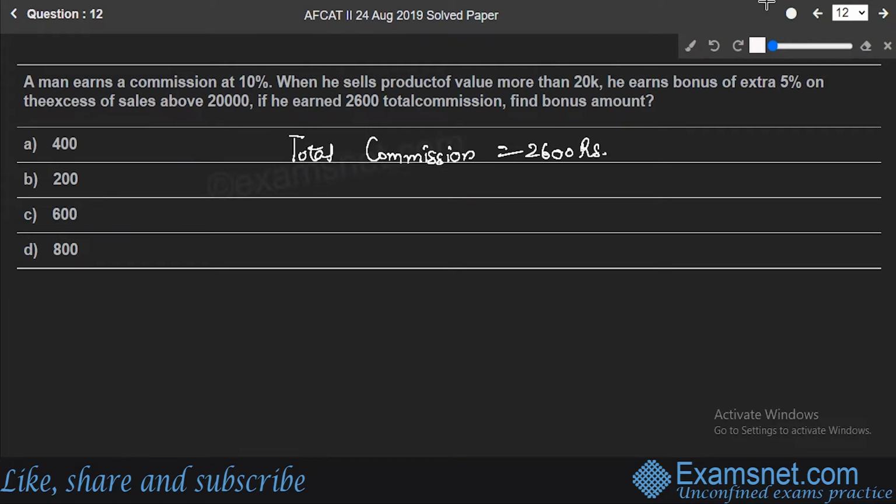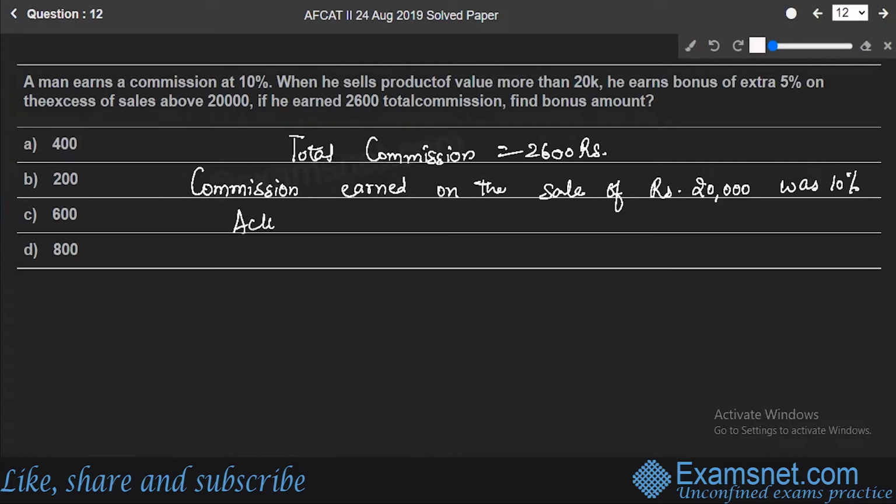Correct? So out of this 2,600 rupees commission earned on the sale, the commission earned on the sale of 20,000 was 10%, right? Actual commission will be 10% of 20,000, or this will be 2,000 rupees.